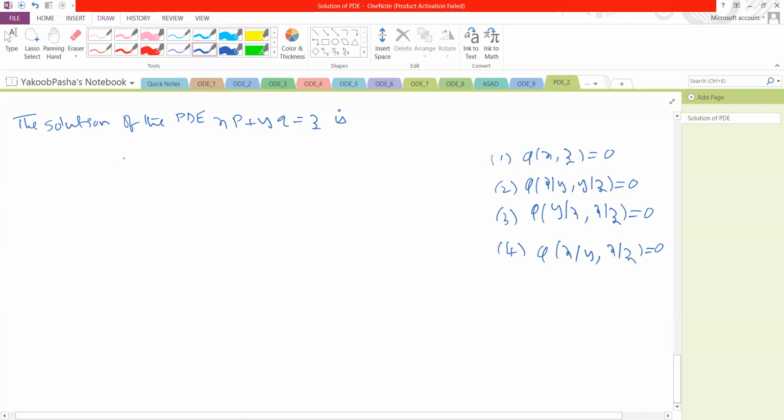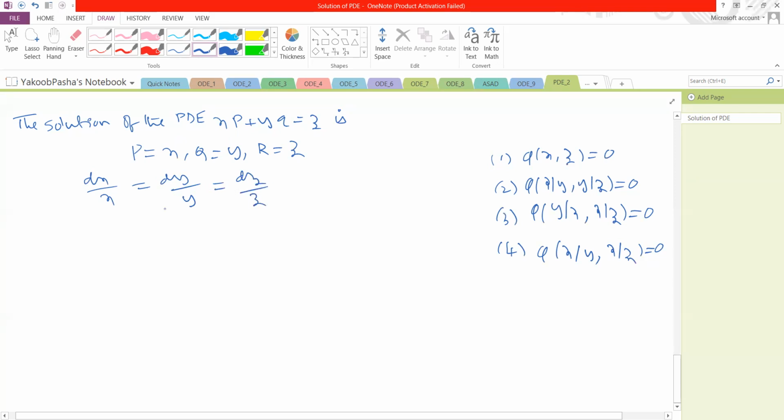Now first compare this equation with Pp plus Qq is equal to R. So here P is equal to x, Q is equal to y, R is equal to z. The corresponding auxiliary equations: dx by P, that is x, is equal to dy by Q, that is y, is equal to dz by R, that is z.